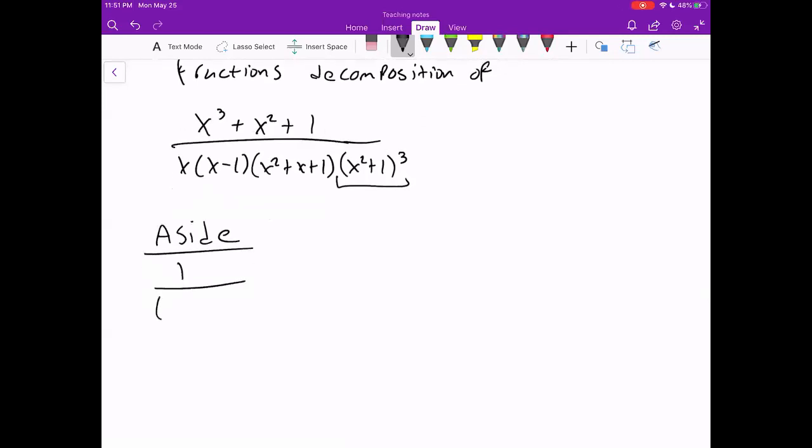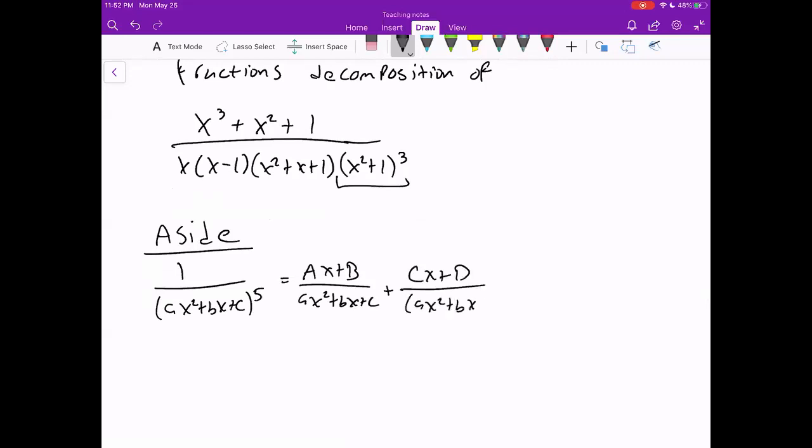If we have something like 1 over ax squared plus bx plus c to the 5th power, and as long as this is irreducible, the partial fractions decomposition is going to look like ax plus b over ax squared plus bx plus c, plus cx plus d over ax squared plus bx plus c squared, and we keep doing that up to the 5th power.